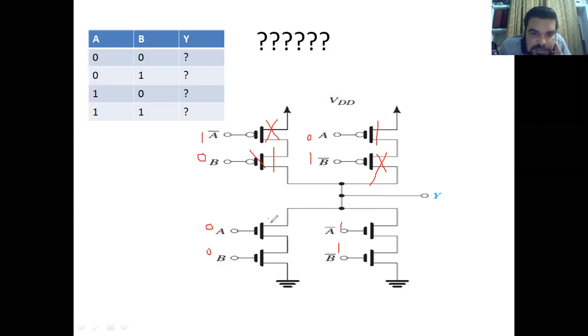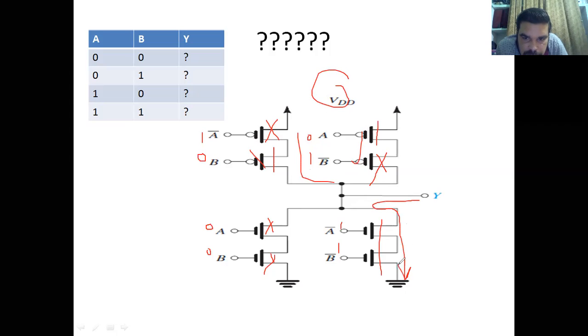So you can see that both these are off and both these are on. So the connection of output to the VDD is already broken in both branches. But here, as you see, output is connected to ground from this branch, so output will be 0.